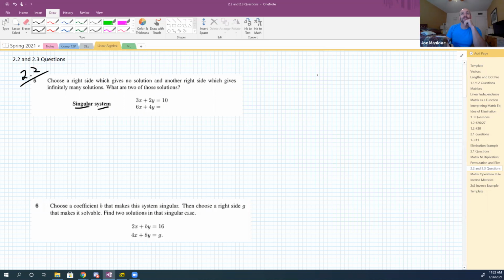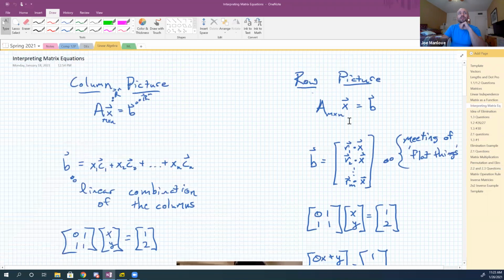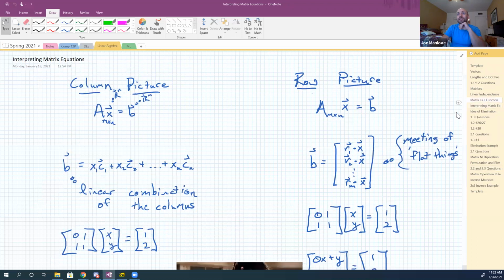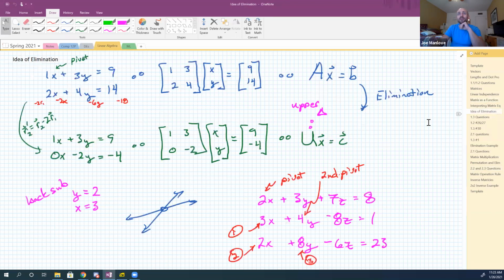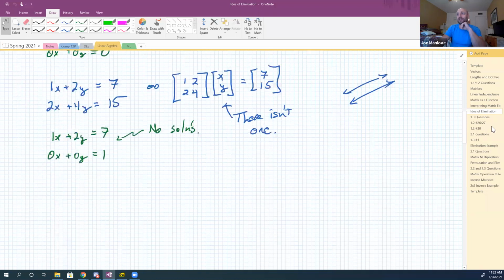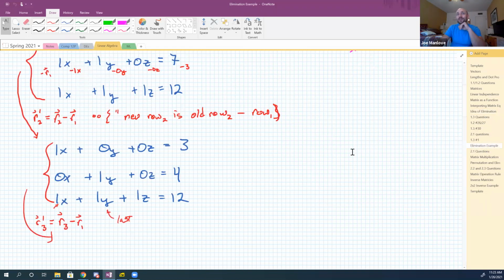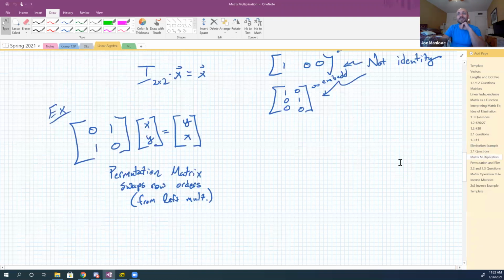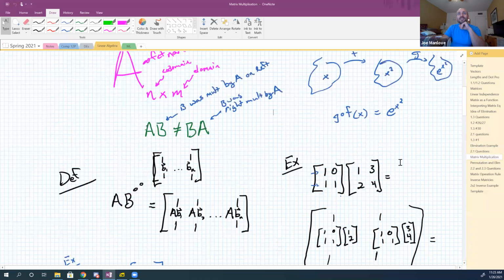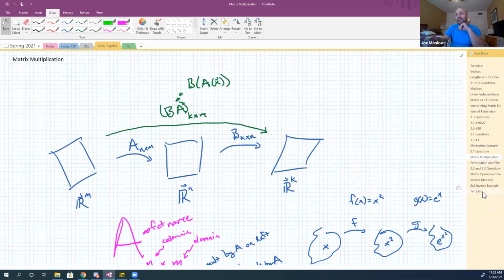Okay, so let me go look. Let's see, where did we talk about that? Interpreting a matrix equation? Matrix is a function. Idea of elimination. Uh-oh, this is what I'm going to get for splitting these into little pieces. I don't see it anywhere.